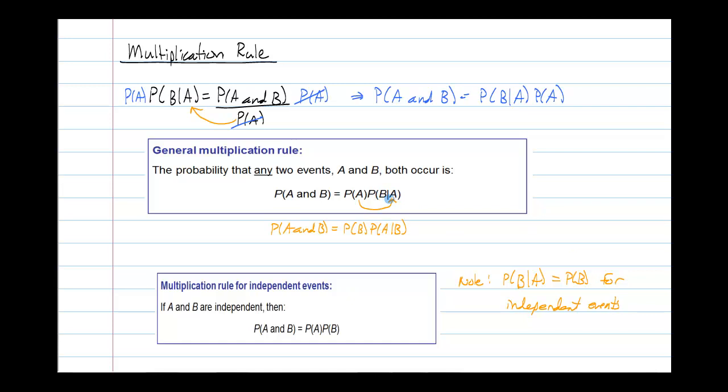I'm taking this value and substituting in for just the probability of B. So these are my multiplication rules. This one will work for anything, because if I have independent events it breaks down. This rule only works for independent events, and these definitely are important and you should know when to use which one. The next thing we're going to look at is an example of using this idea of the multiplication rule.